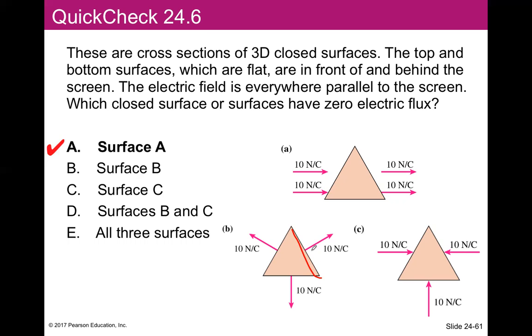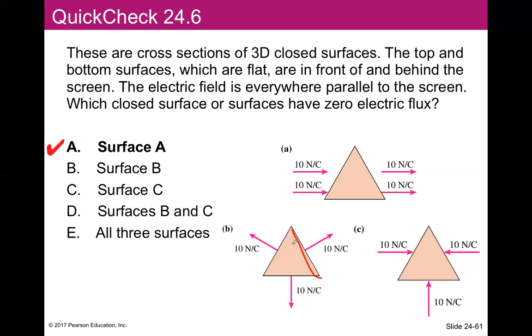If you have a closed surface and you try to define the direction at a certain location, what's the direction of this small surface at this location? Normal. And going out, we define the normal direction as the direction of the surface, and it's going out rather than going in.